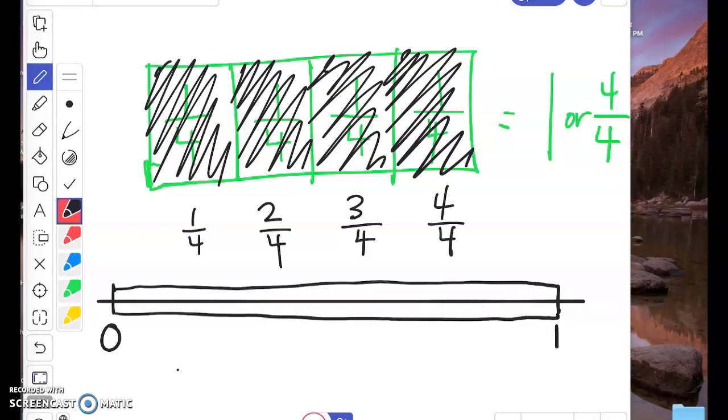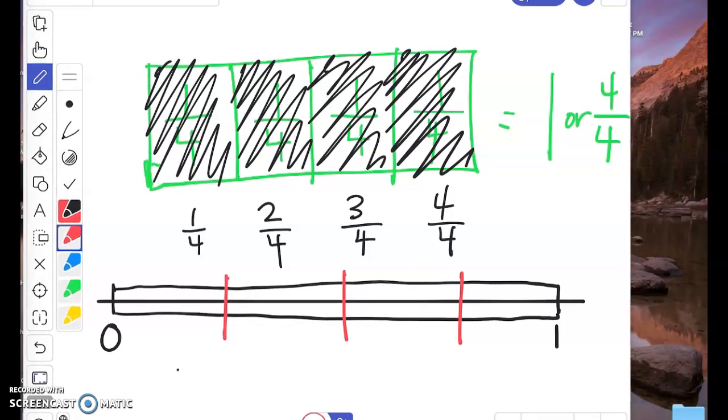Now, if I told you that I need to eat 1/4 of the candy bar, the first thing I've got to do is I've got to partition that candy bar into 4 equal parts. Because if I'm going to eat 1/4, I've got to eat 1 out of 4 equal parts. So I'm going to cut this into 4 equal parts the best I can. And you may notice that I drew 3 lines so that I have 4 parts.